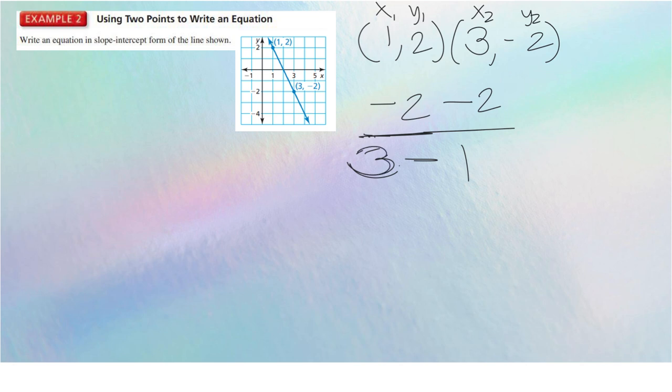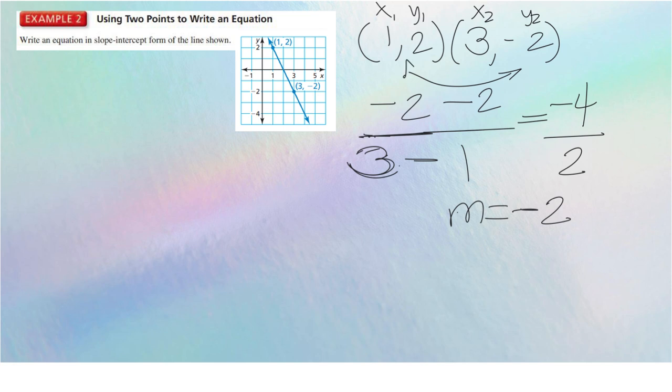What is negative 2 minus 2? Negative 4, and 3 minus 1 gives me 2. Simplified, my m is going to be negative 2.